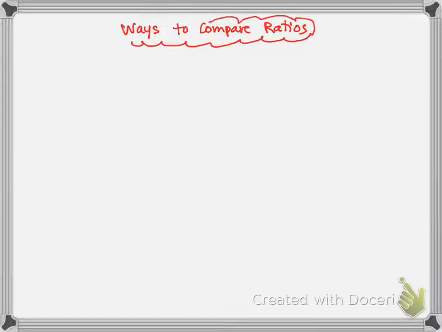Okay, so now we're going to talk about ways to compare ratios. So you should still be on page 1. You're going to see, like in your homework, it's going to ask you to explain the meaning of your ratio.